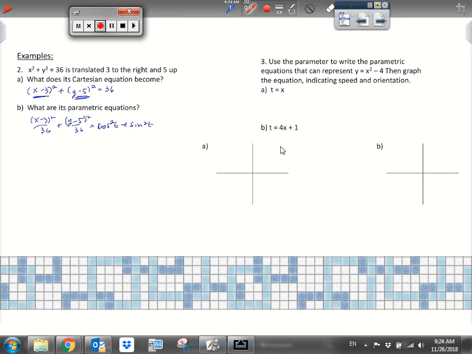The counterclockwise versus clockwise: the way that I match these up determines which way I'm going to rotate. We did talk about this briefly when we did this lesson, but you may not remember. If I match up the x with the cosine, that's normal. That means I'm going counterclockwise, because that's normal for us.